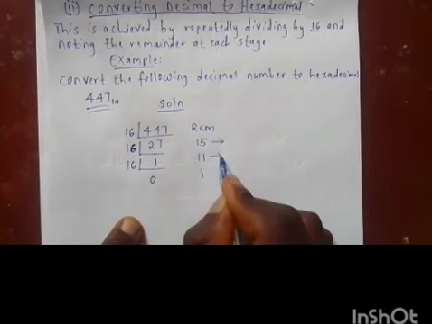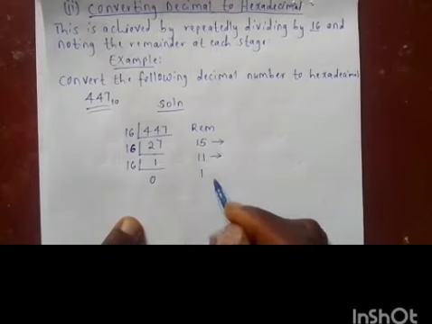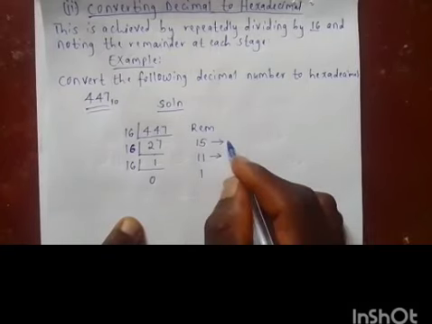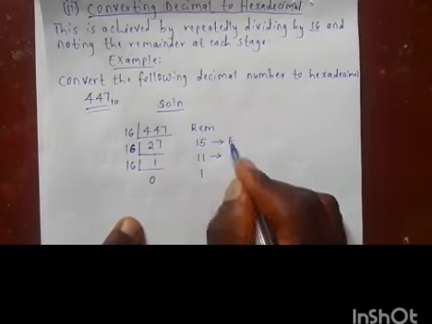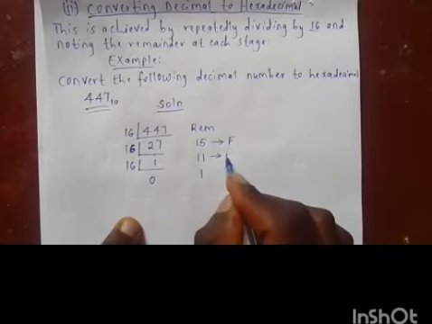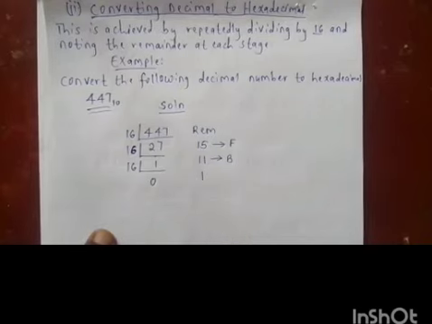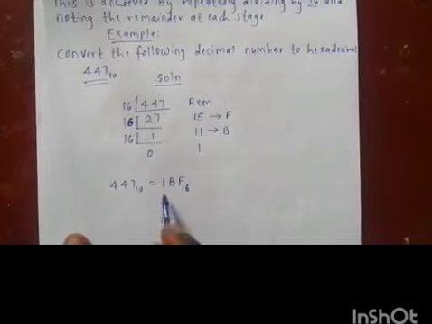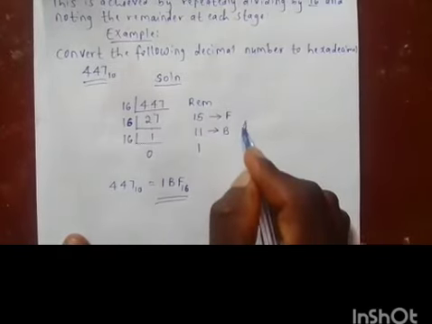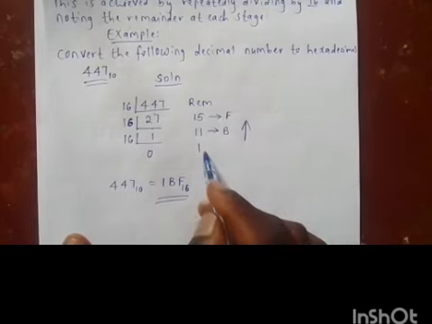So this one is represented by letter F. This one is represented by letter B. So our answer, we are going to write it as, remember we are supposed to write upwards from the most significant figure to the least.